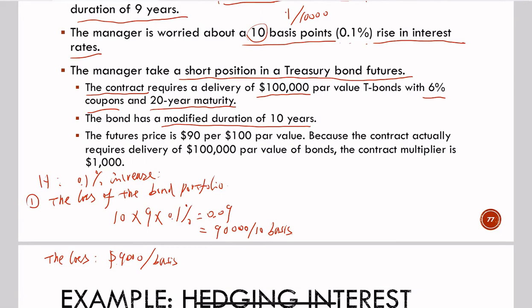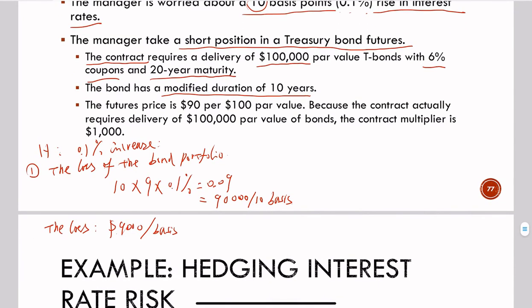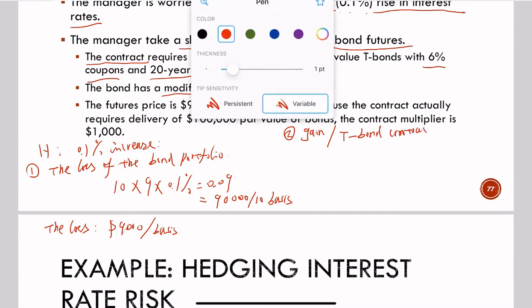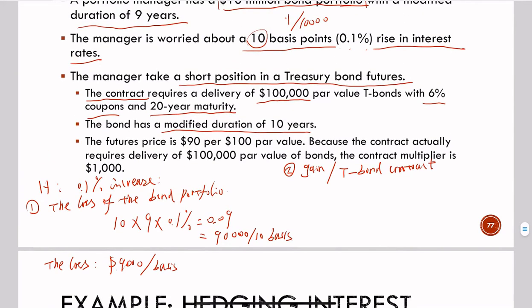Okay, now let's look at the second guy. So now we want to look at your gain from your T-bond futures contract. So you can see that for this T-bond contract, these treasury bonds have a duration of 10 years, right?